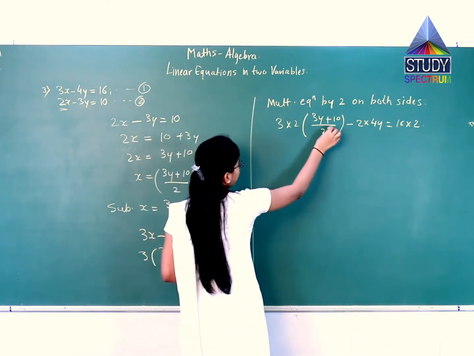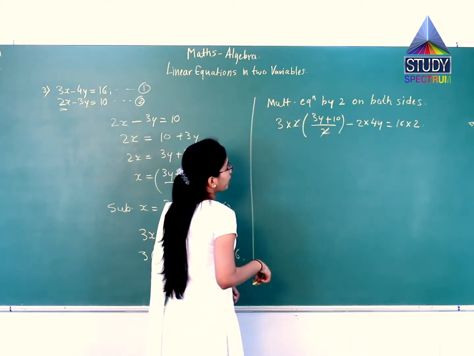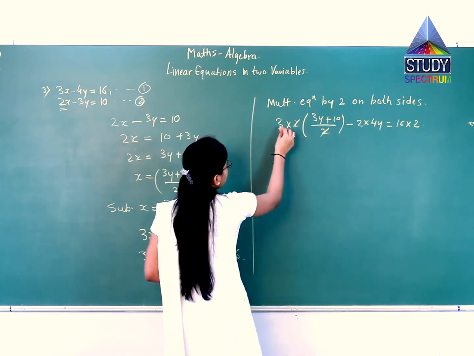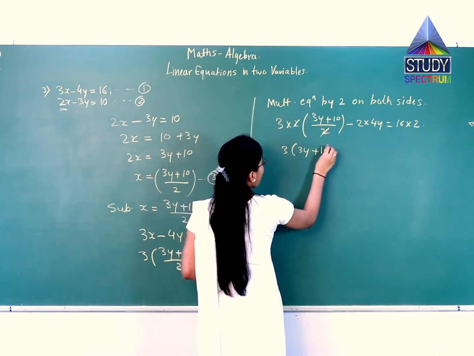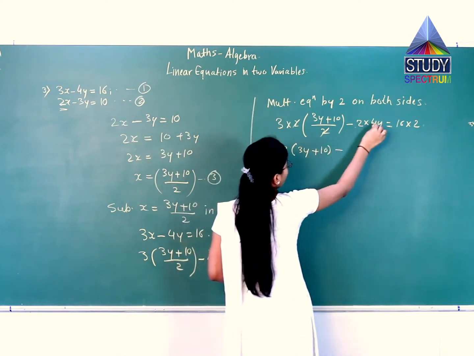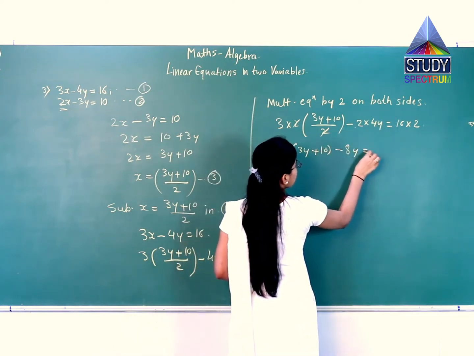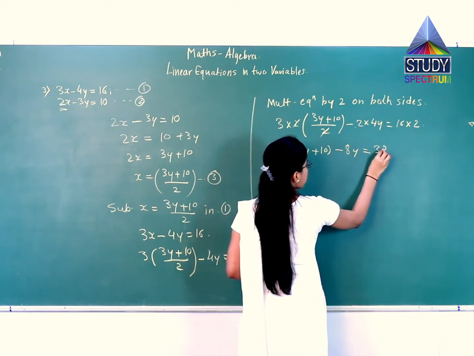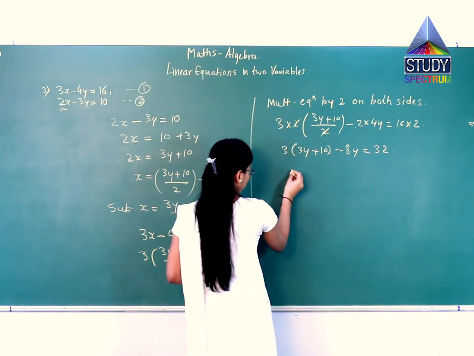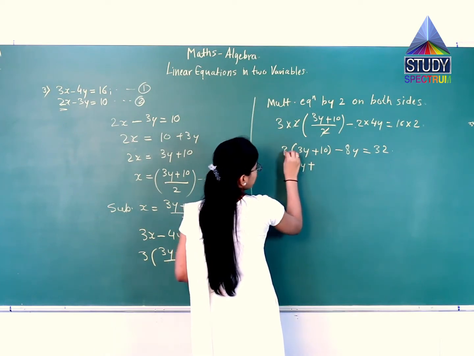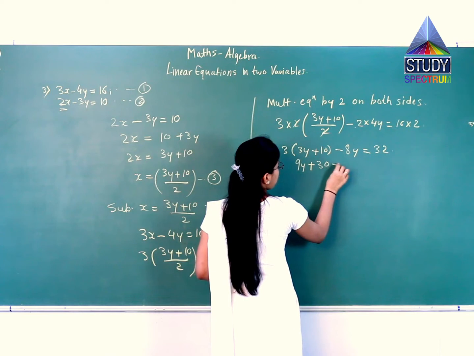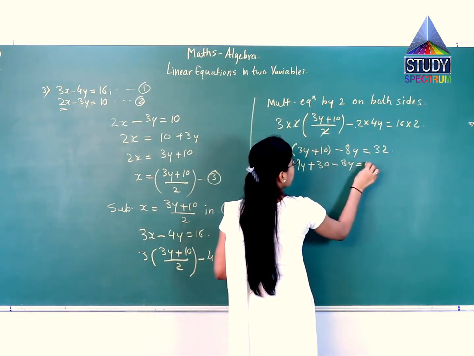So what you can see, this 2 will get cancelled and we can have 3 in the bracket 3y plus 10, minus 4 2s are 8y is equal to 16 2s are 32. So multiply, 3 3s are 9y plus 3 10s are 30 minus 8y is equal to 32.